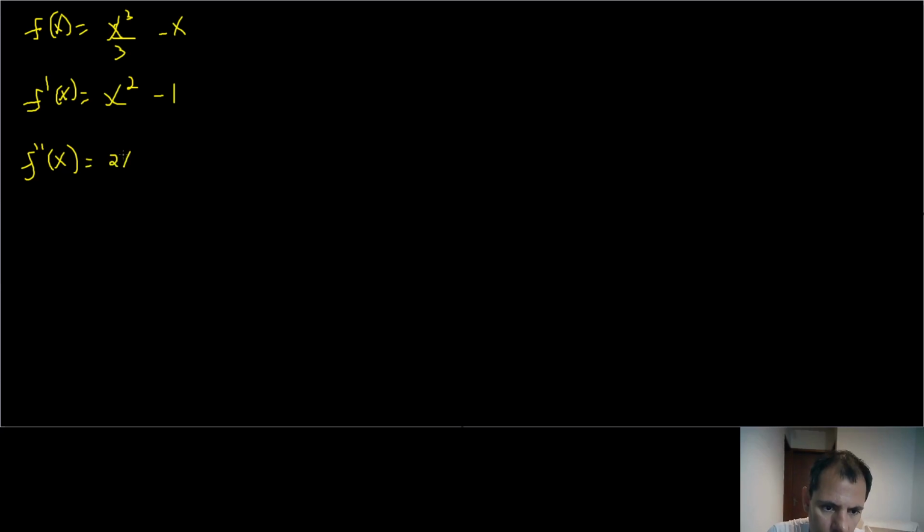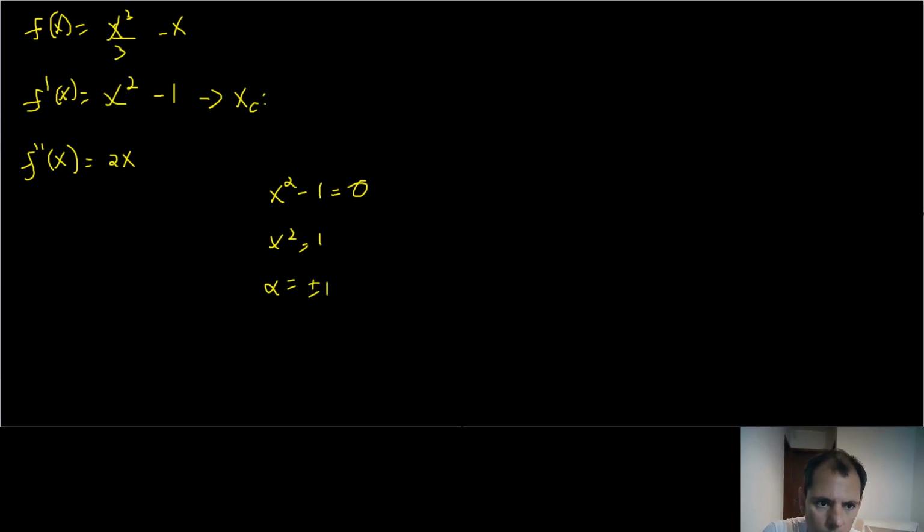The second derivative equals 2x. Now, the critical points are when x squared minus 1 equals 0, because that's when the tangent will be 0. It's the first derivative. So x squared equals 1, x equals plus or minus 1.